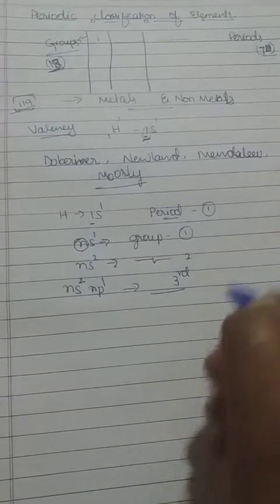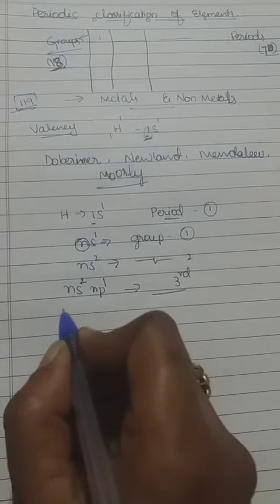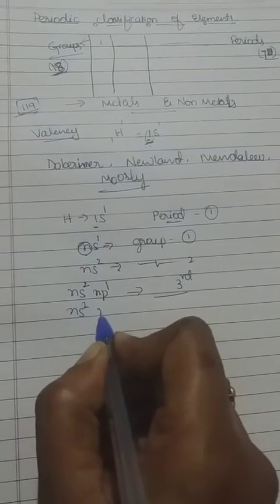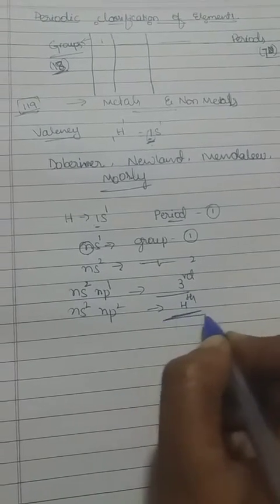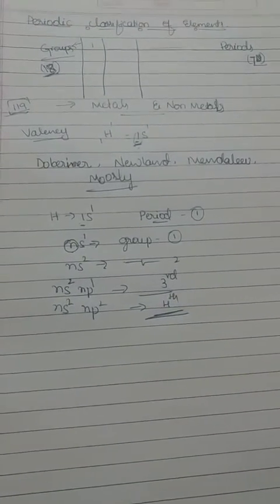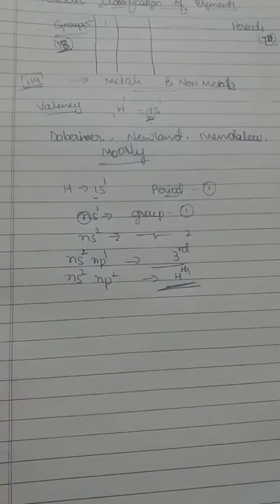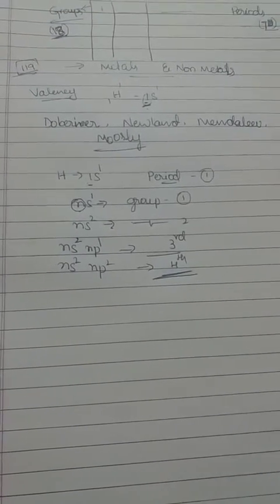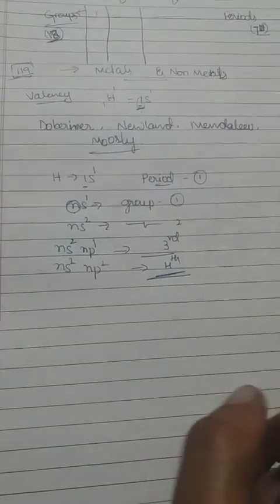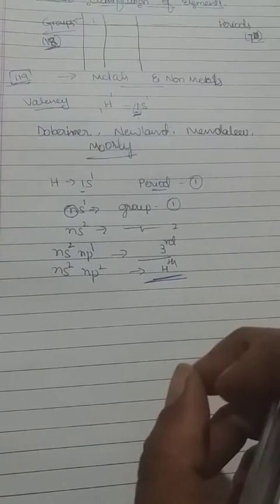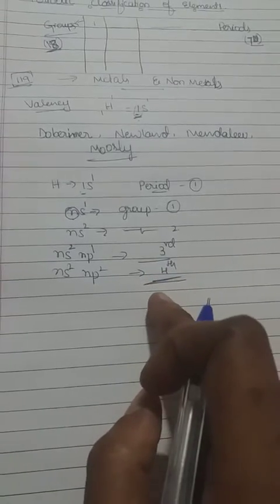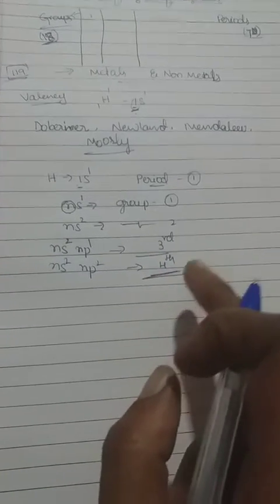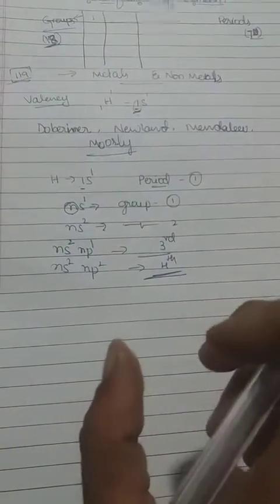If it ends with ns2 np2, it is the fourth group, and so on. You can cross-check by keeping your periodic table. Tomorrow I will teach you how to find the groups and periods with the periodic table, as I don't have it now.